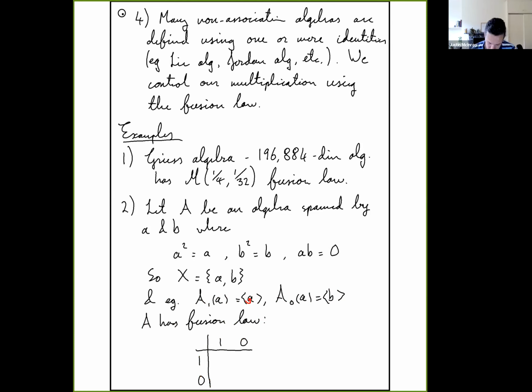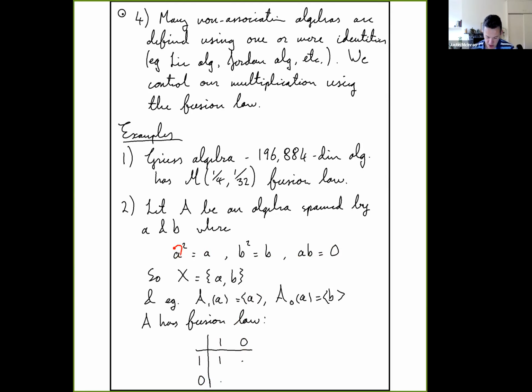So A is an axis. If I multiply it by itself, I get back to A. So 1 times 1 is going to be 1. My one eigenspace times my one eigenspace gives me my one eigenspace. If I multiply my one eigenspace by my 0 eigenspace, well, that's empty. And what about my 0 eigenspace?